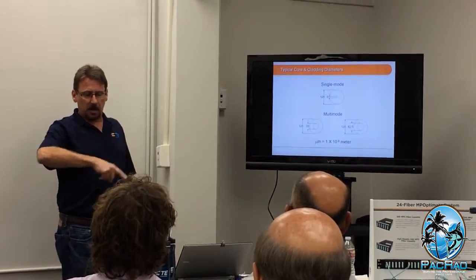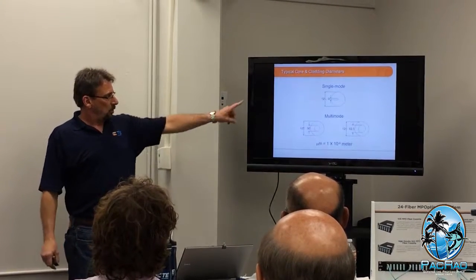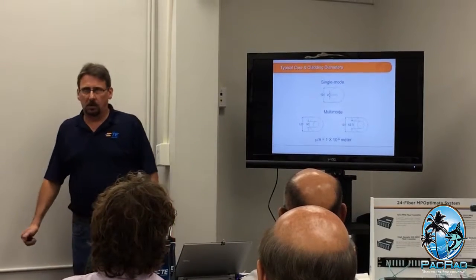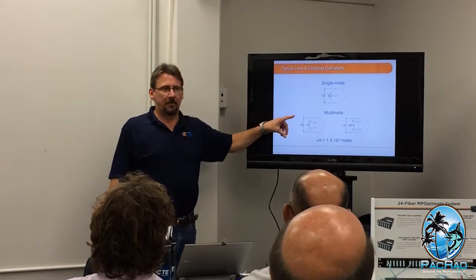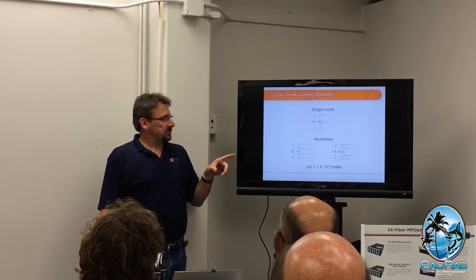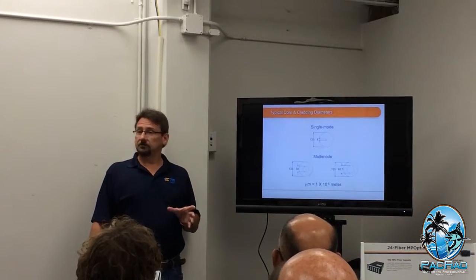So here's the first question to win yourself a piece of swag. Which has higher bandwidth, single mode or multi-mode? Single. Why? Based on core diameter, why? Because. The analogy I like to use for this one is the garden hose versus the fire hose.